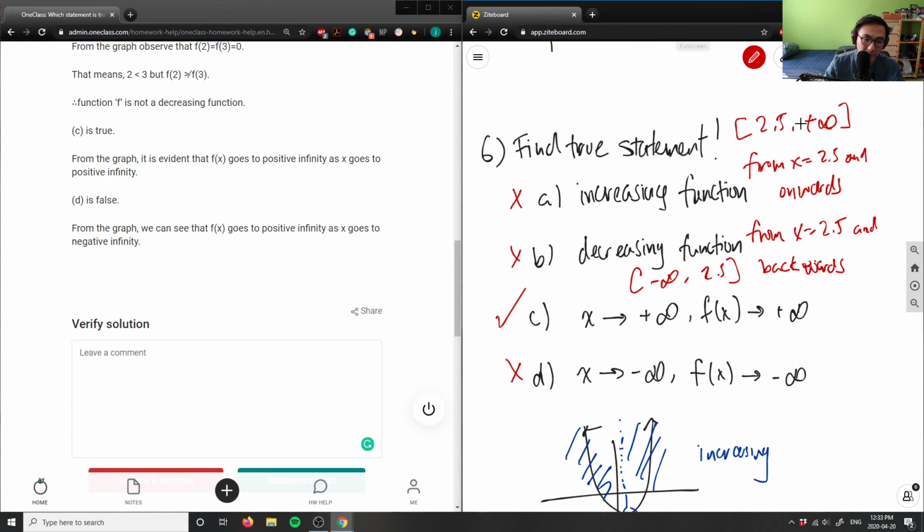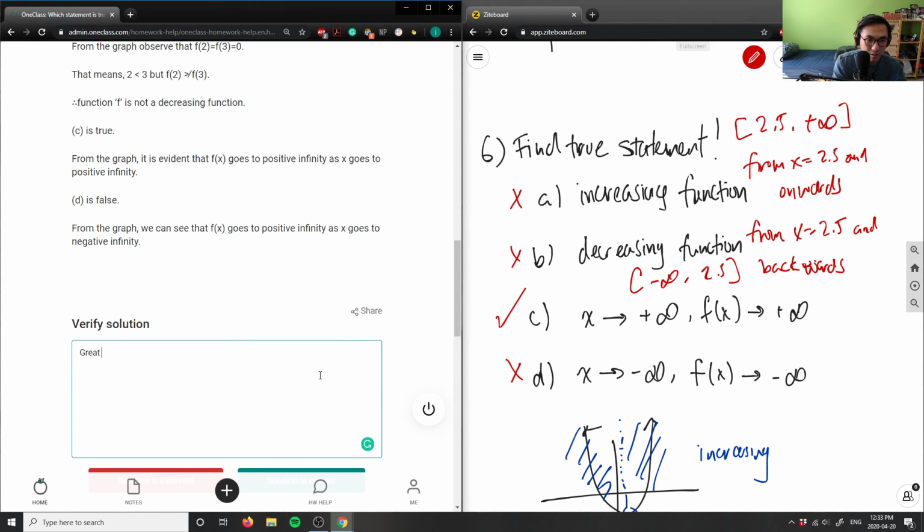There's an interval of increase and decrease. So I'm going to say great solution. However, the explanation for increasing and decreasing functions can also be supported by stating the intervals of increase and decrease.